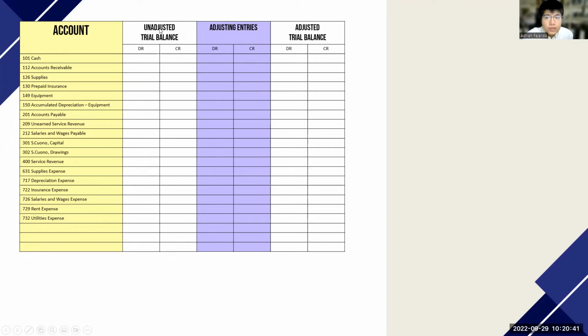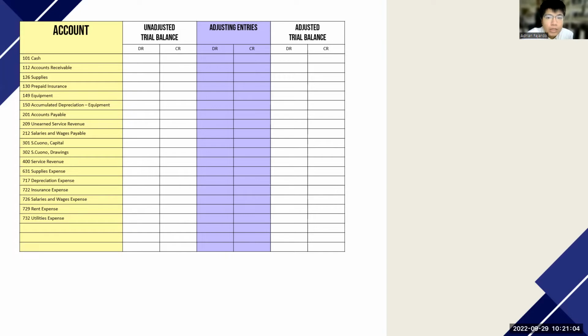The next 2 columns would be our unadjusted trial balance. Columns 3 and 4 would be adjusting entries. And then columns 5 and 6 would be adjusted trial balance. Kindly take note that this is just one portion. I cut out the income statement and the financial statement so that we'll be able to focus on the first 3 steps of creating our worksheet.